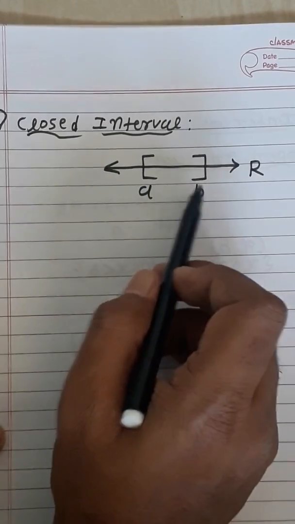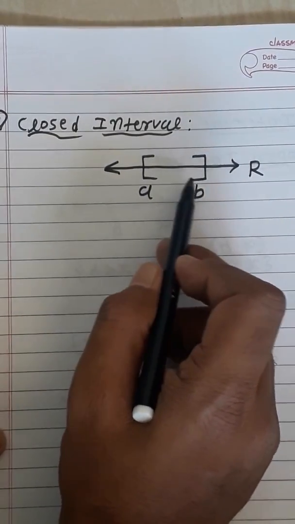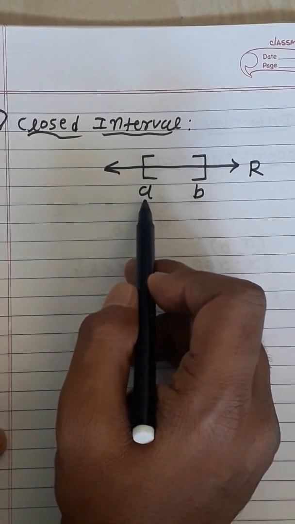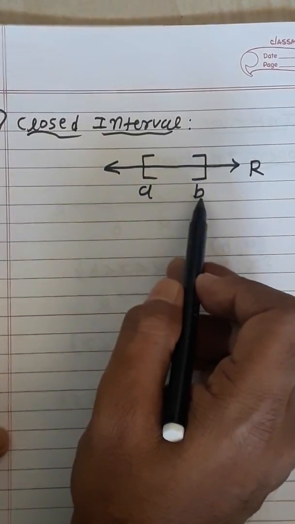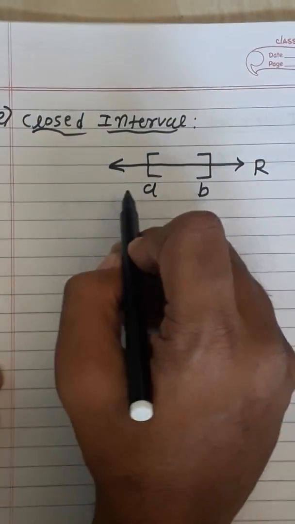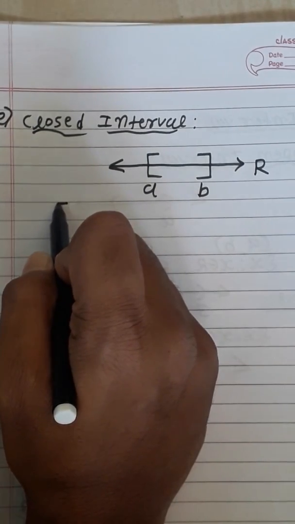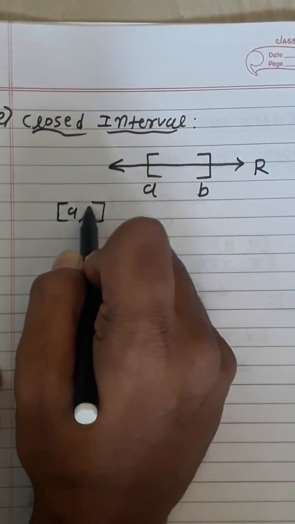Closed interval means all the elements between A and B, and also we can include the element A and also the element B. This closed interval is represented by [A, B].